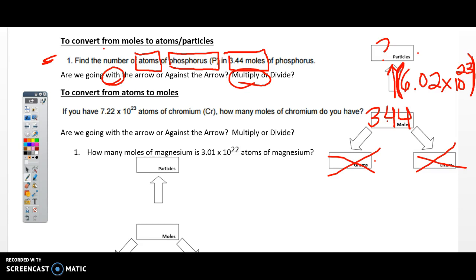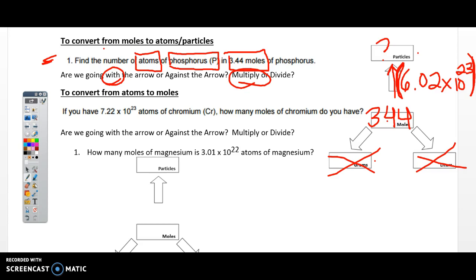So if I were doing this, I would type 3.44 times parentheses 6.02, then press second comma 23, close parentheses. And when I do this, I get, I'll just read it out loud, 2.07088 E24.